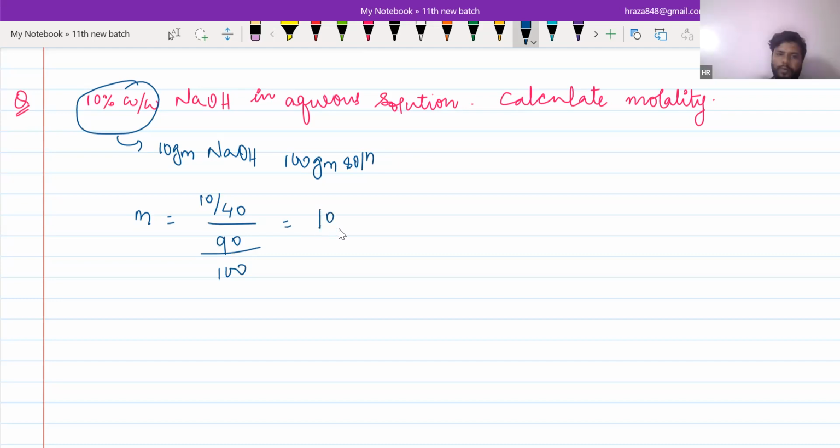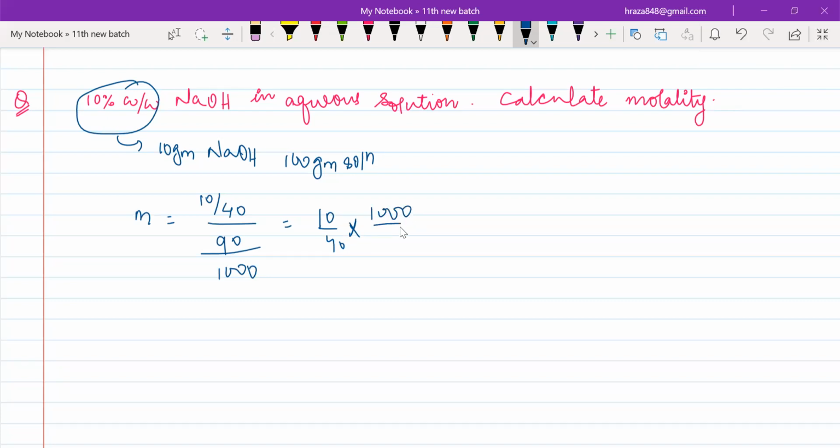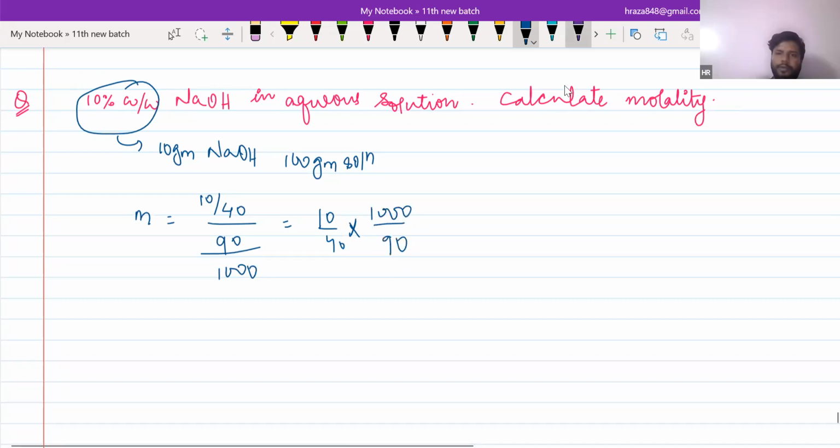After solving it, you will get the answer 25 by 9, right?